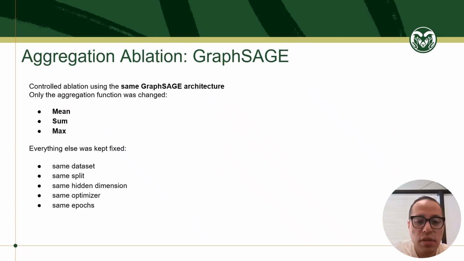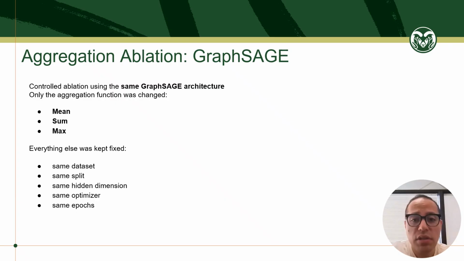Aggregation ablation, GraphSage. After comparing different baseline models, I wanted to isolate the effect of aggregation more directly. So in part 2, I used the same GraphSage model and kept the rest of the setup constant, including the dataset, the split, the hidden size, the optimizer, and the number of training epochs.